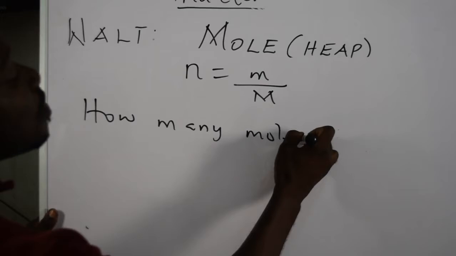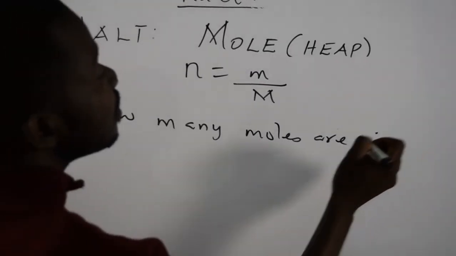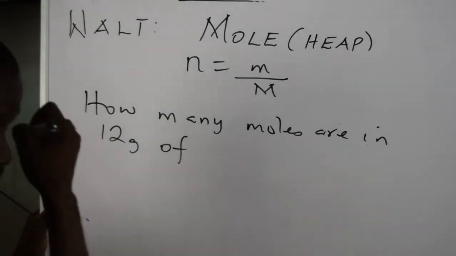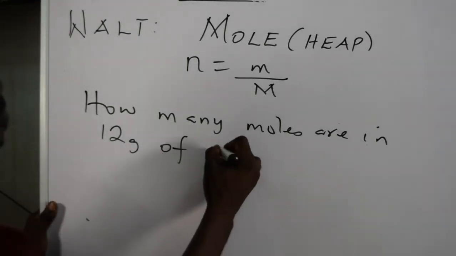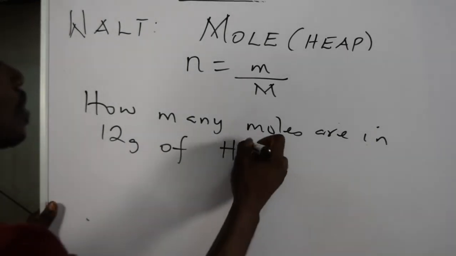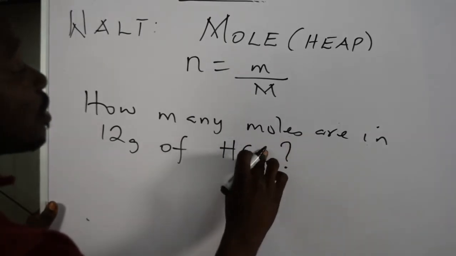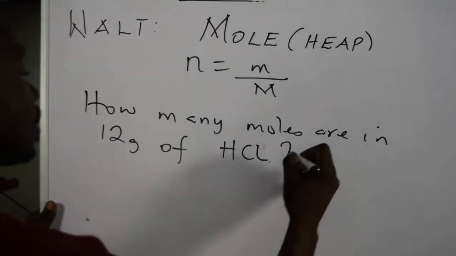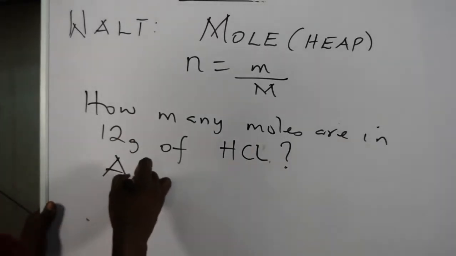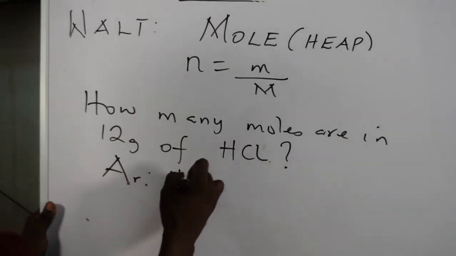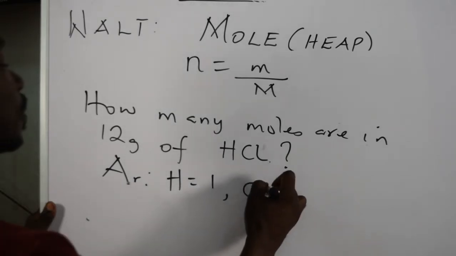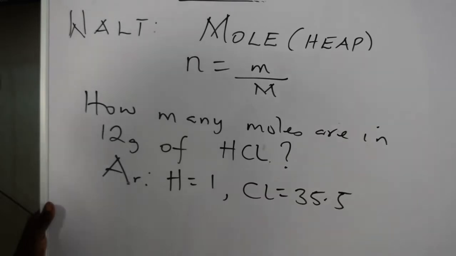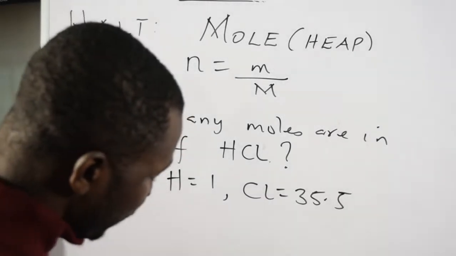How many moles are in 12 grams of hydrogen chloride? Then I have Ar, relative atomic mass of hydrogen is 1. Chlorine is 35.5. Good.